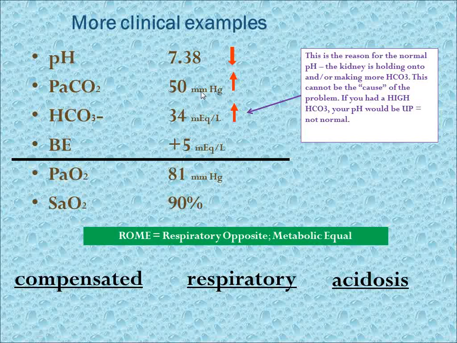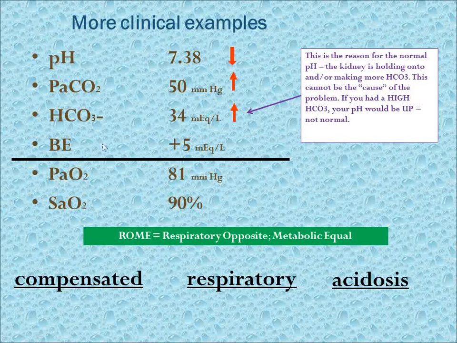The kidneys have had time to get into the program of compensation, and by doing so, they have either held on to bicarbonate or they have made more. So you see an increase in the bicarbonate because it is an effort by the kidneys to compensate for the poor respiratory program here. And that is what has pushed your pH into the normal realm.